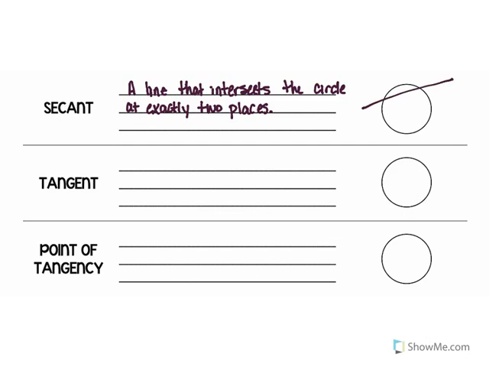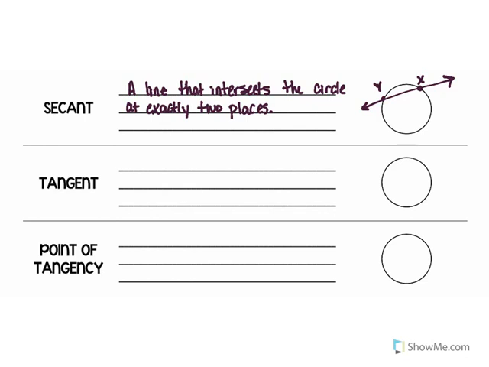So I'm going to draw a line. And it intersects at exactly 2 places. It does not need to go through the center of the circle. It just intersects it at exactly 2 places.